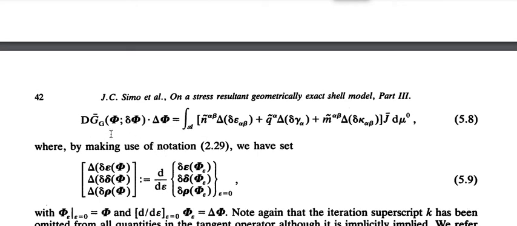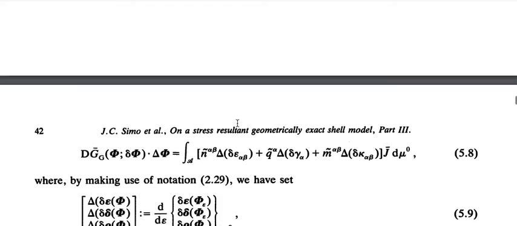You can see this is the change in G, or you can say the directional change in G corresponding to an incremental change in shell configuration. So basically the geometric tangent. This has all these terms held as constant, the force resultants and moment resultants, and capital delta or linearization is applied on the variation of the strains.